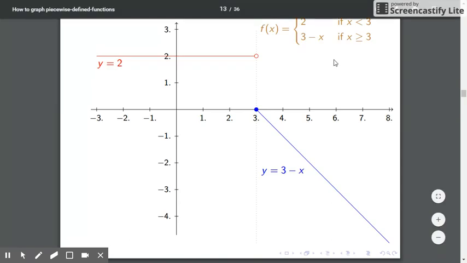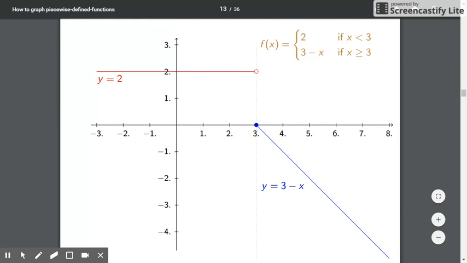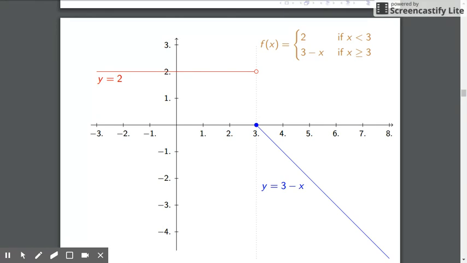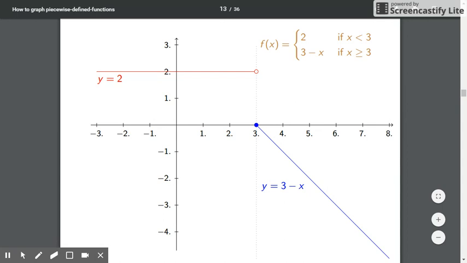This time, when we put in the empty and full circles, the empty circle is going to be here, because that path ends up at 3 but doesn't include the point 3.